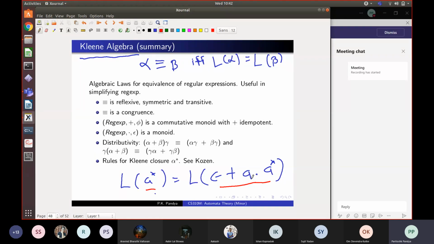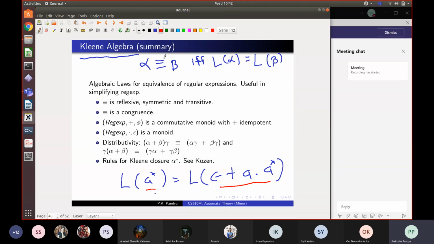Intuitively, can you see that? This says either empty string or one repetition of A followed by 0 or more repetitions of A. And this says 0 or more repetitions of A. When you have got 0 repetitions of A, you will get epsilon. If you got 1 or more repetitions of A, you will get A followed by 0 or more repetitions. So these two regular expressions denote the same language, right?